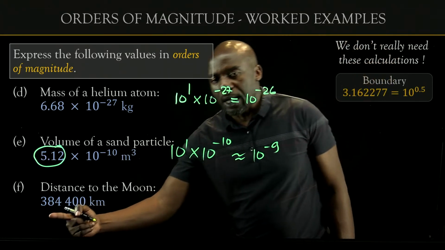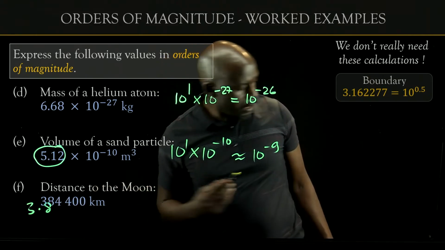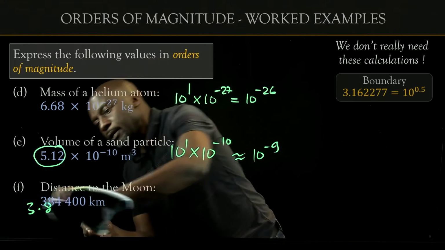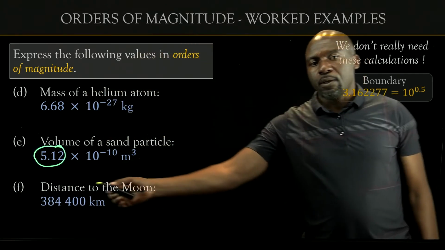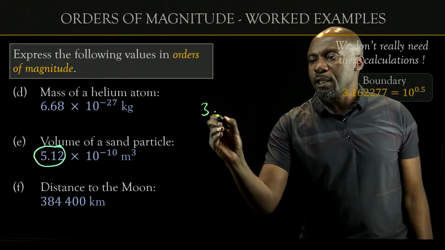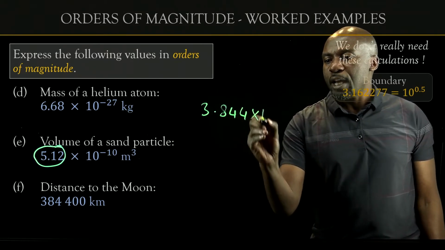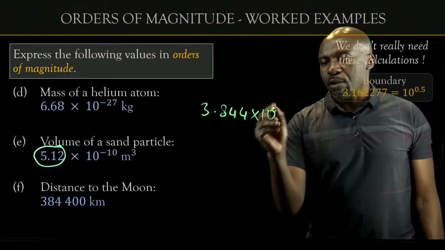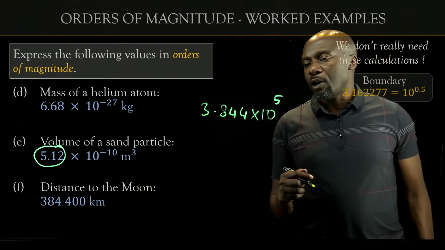Okay, what about the last one? This is 3.8. Sorry, in fact I can solve it here. I can write it as 3.844 multiplied by 10 to the power of 5. So I want to express that in orders of magnitude.